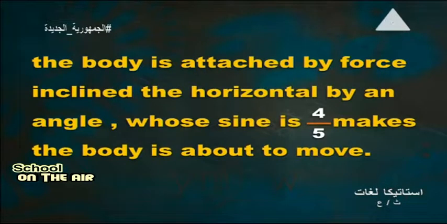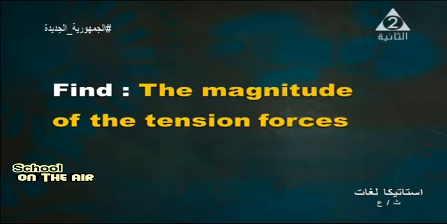The body is pulled by a force inclined to the horizontal by an angle whose sine is 4/5, which makes the body about to move. What is required? Find the magnitude of the tension force.